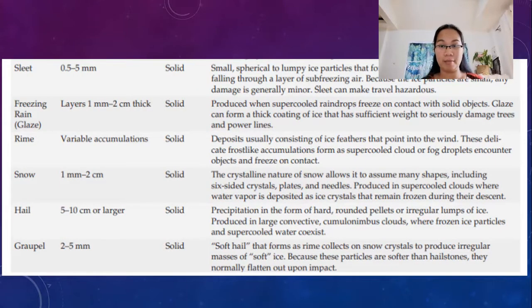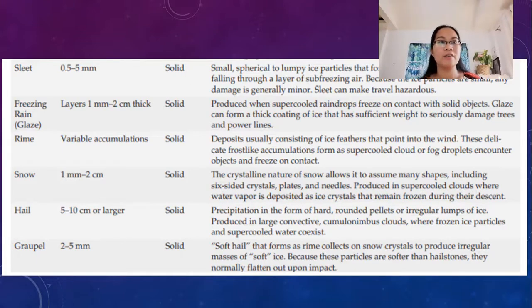So here is a summary for ice precipitation or precipitation in the form of solid. We have sleet, 0.5 to 5 millimeters. They are small, spherical to lumpy ice particles that form when raindrops freeze while falling through a layer of sub-freezing air. Because the ice particles are small, any damage is generally minor.